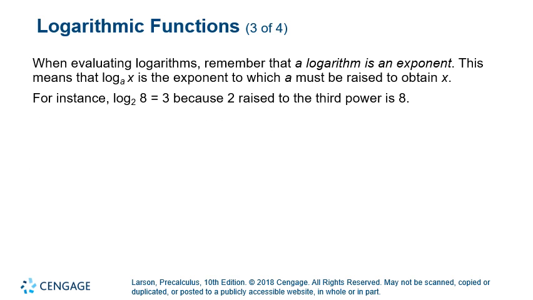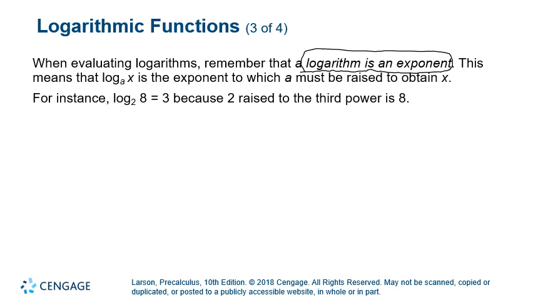When we're evaluating logarithms, we have to remember that the result of a logarithm is an exponent, like I just showed you. This means that log base a of x is the exponent that a is raised to obtain x.